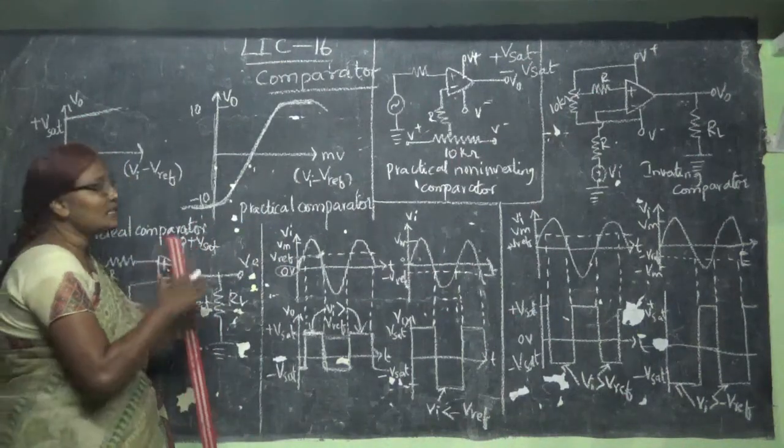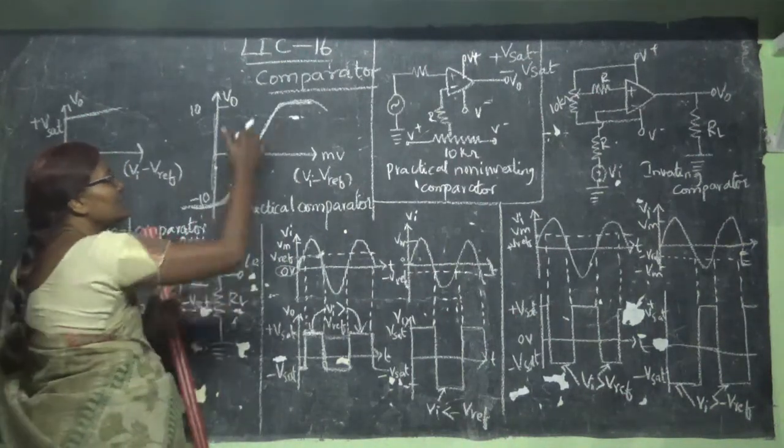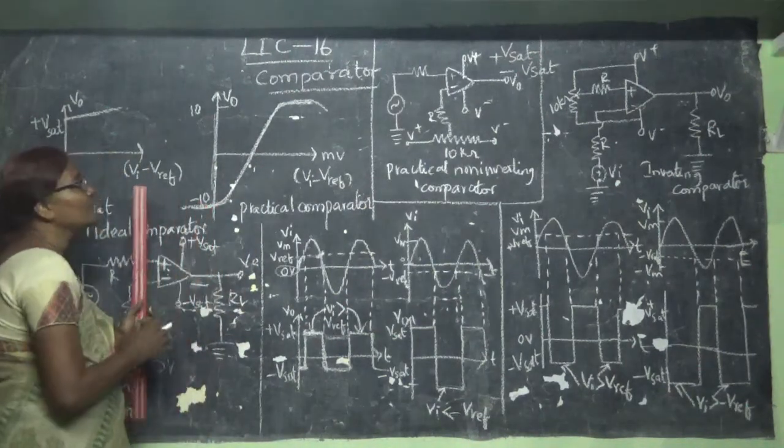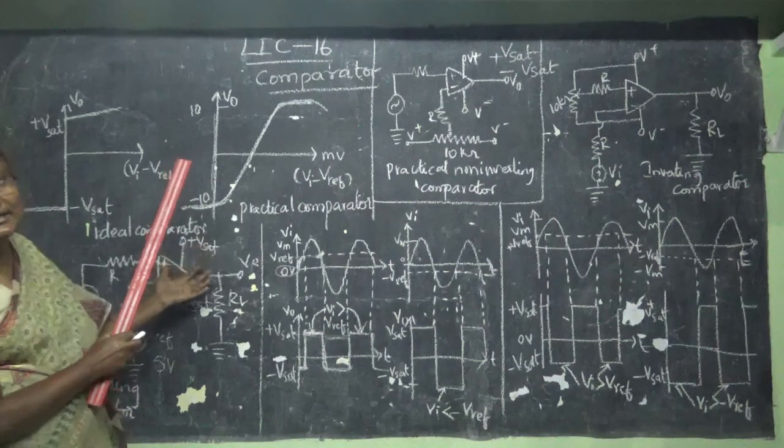What do we call it? Zero cross detector. This is one of the applications of the comparator, and we will draw the circuit and see its operation.